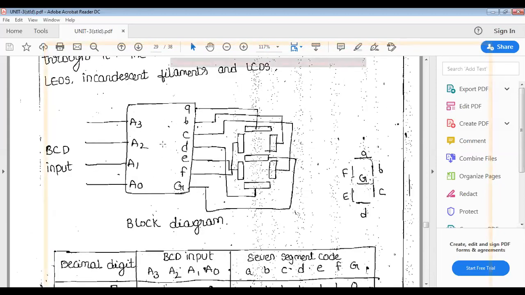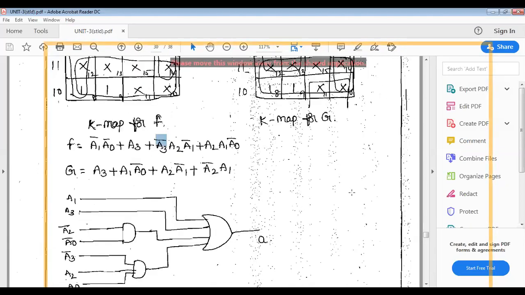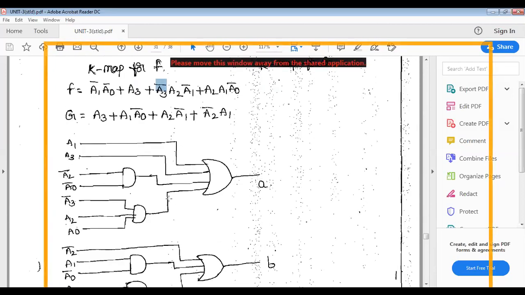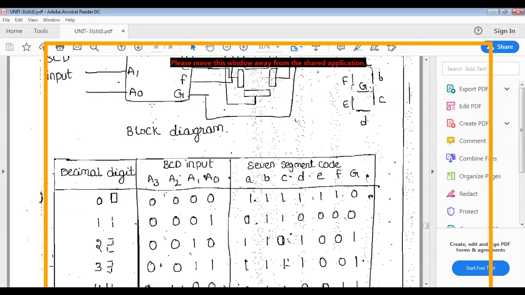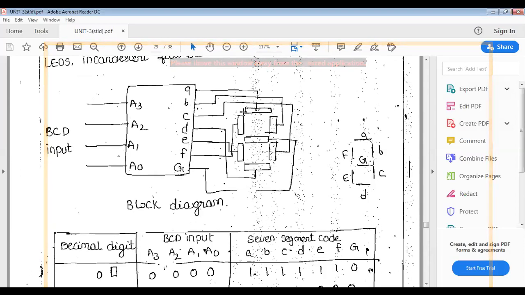Inside there is a logical diagram that we designed here, with the inputs A0, A1, A2, A3, and the outputs A to G according to the given inputs.